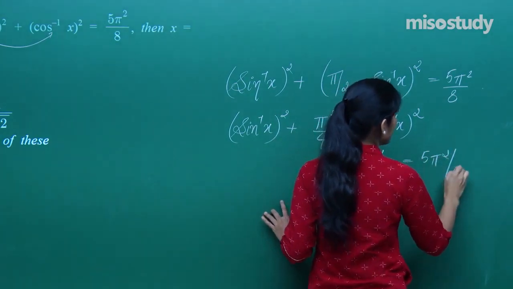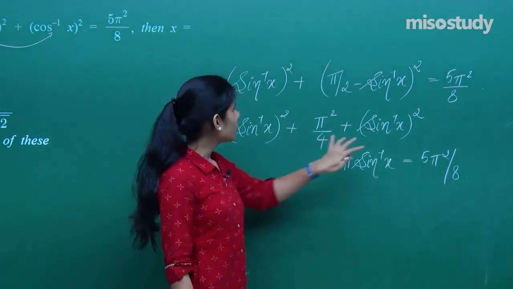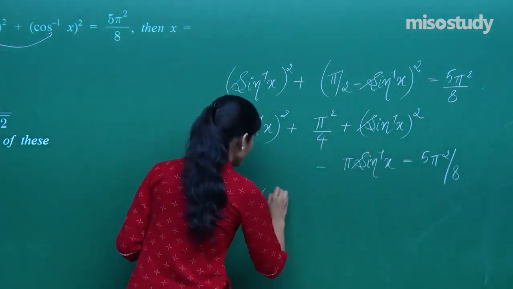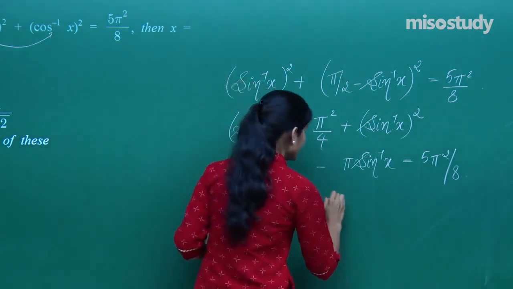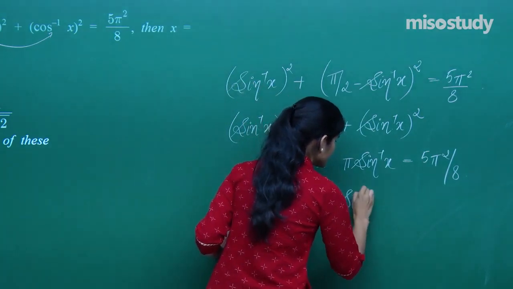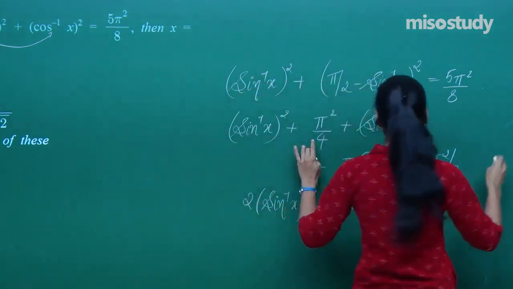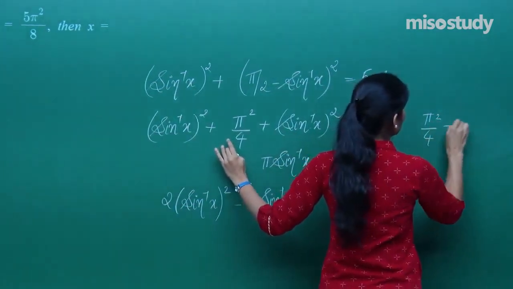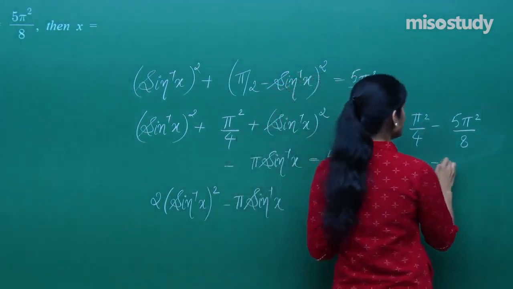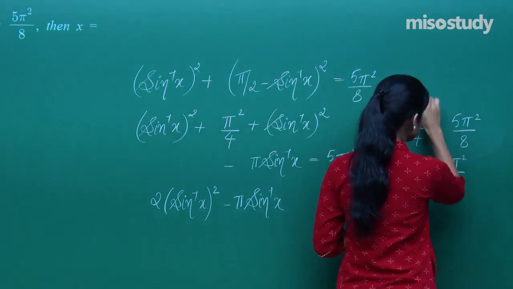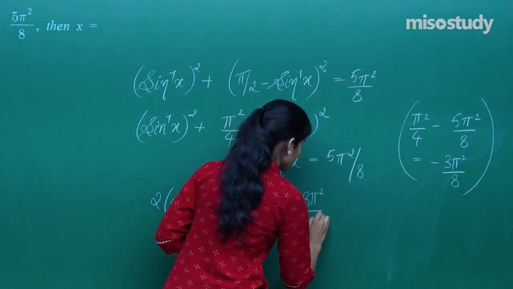This is 5 pi square by 8. So you basically get sin inverse x whole square plus sin inverse x whole square, which is twice of sin inverse x whole square, minus pi sin inverse x, and then you have pi square by 4 minus 5 pi square by 8. So this gives you minus 3 pi square by 8. So you get minus 3 pi square by 8 is 0.